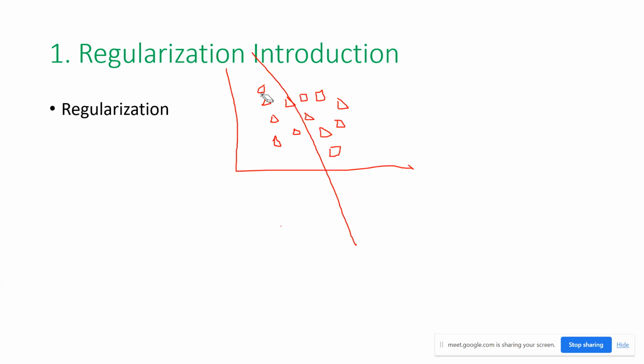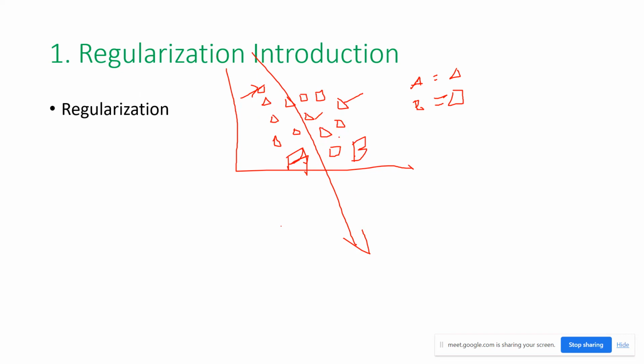Based on the classification, the maximum number of triangles are classified in class A; only three triangles are outside. As for squares, only one square is inside class A. You can consider class A as belonging to triangles and class B as belonging to squares. This separating line is the best fit for this model because only one element from class B is placed in class A. In class B, two class A elements are misclassified.